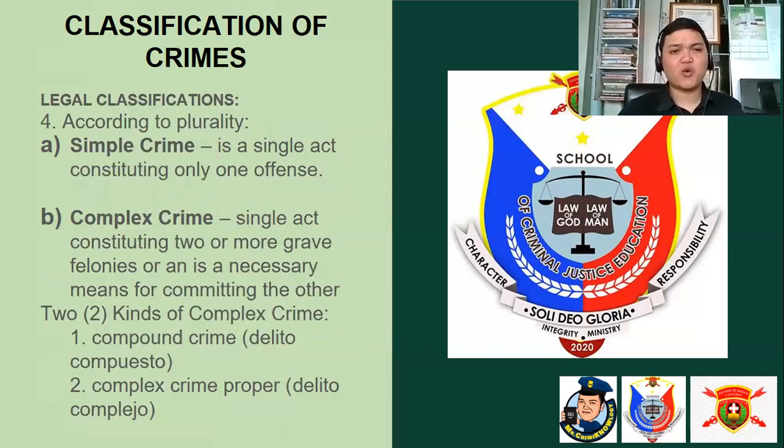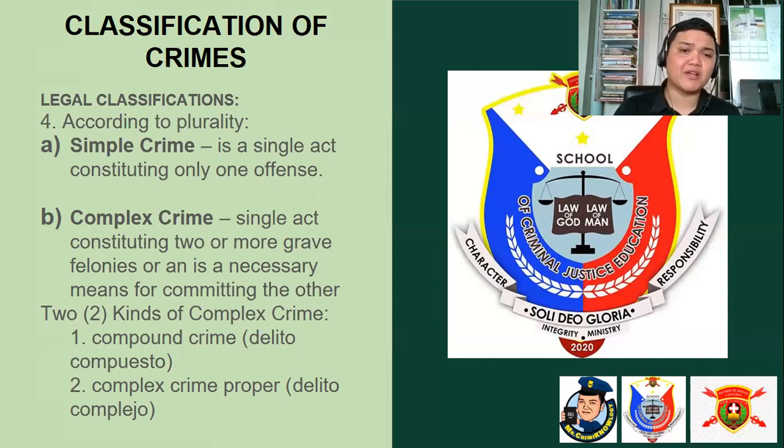So, number four, we have according to plurality. We have letter A, a simple crime, a single act constituting only one offense. So, it is called simple crime when there is a single act at na-produce ka ng isang offense lang. Letter B, we have the complex crime. A single act constituting two or more grave felonies, or when an offense is a necessary means for committing the other.